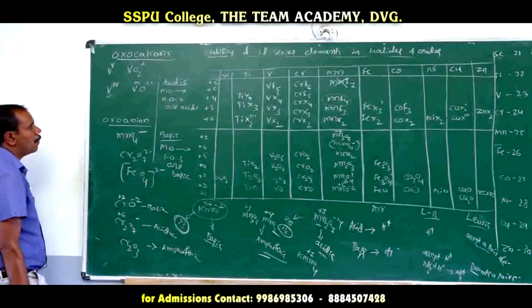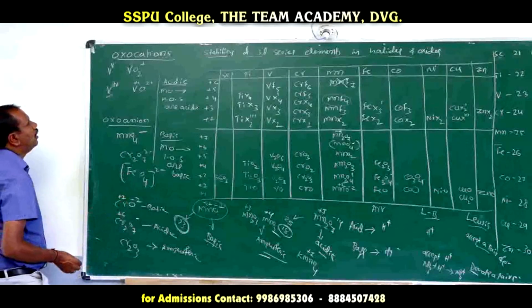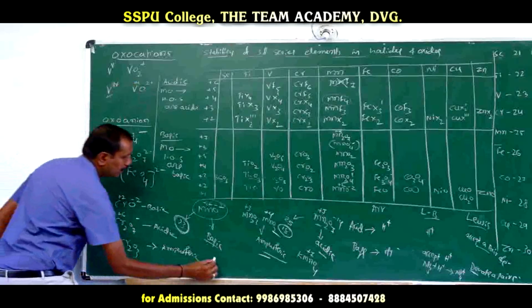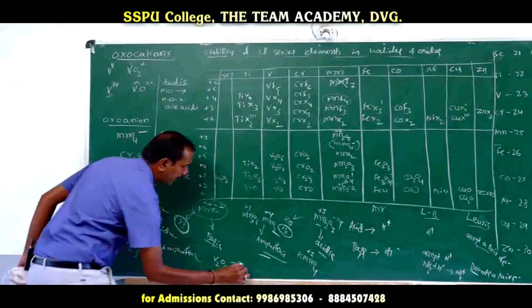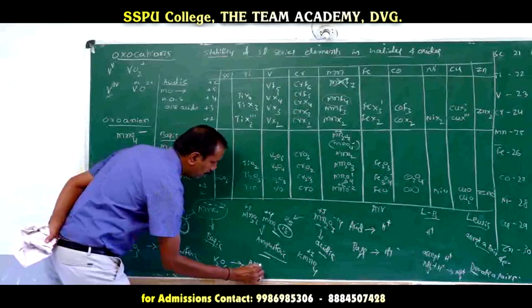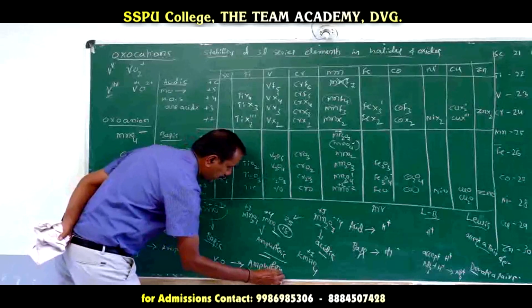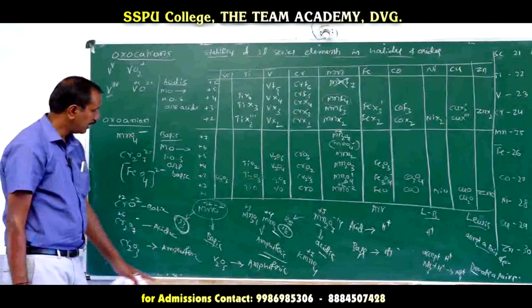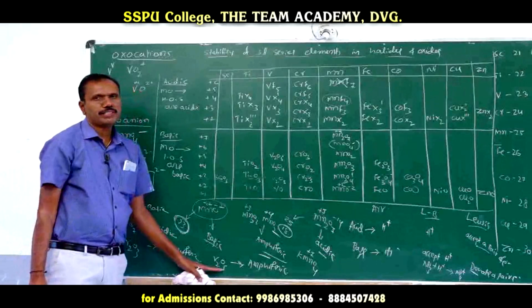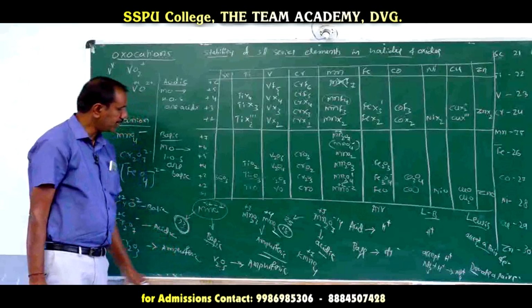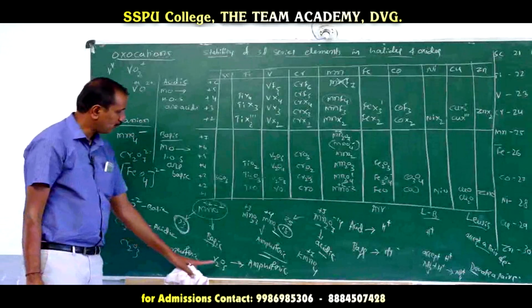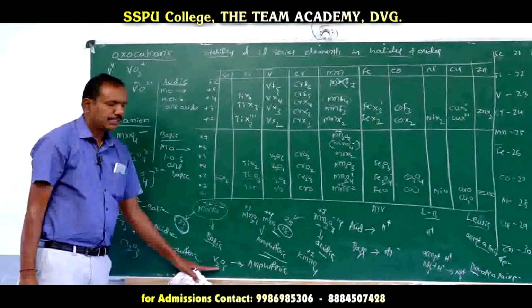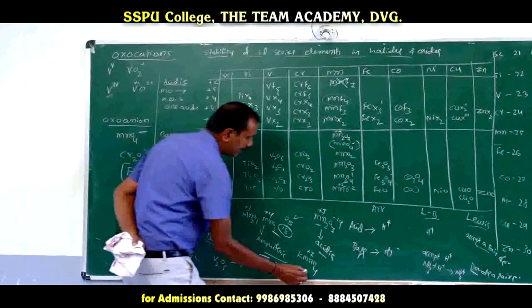Now we will go for V2O5. V2O5 is also an amphoteric substance. What is an amphoteric substance? One which acts as both acid as well as base is called an amphoteric substance. These amphoteric substances can react with acid as well as base, which means they can react with alkalis.